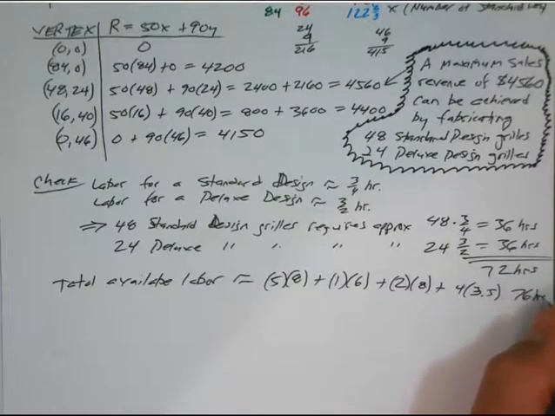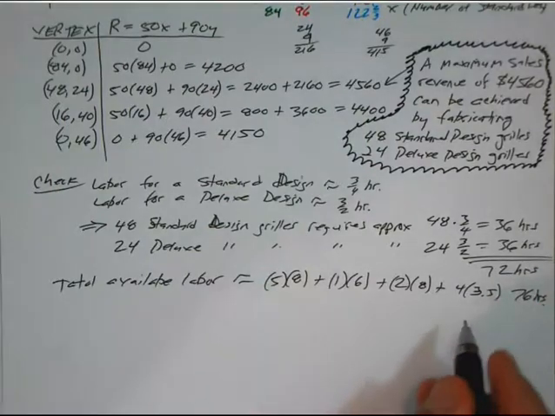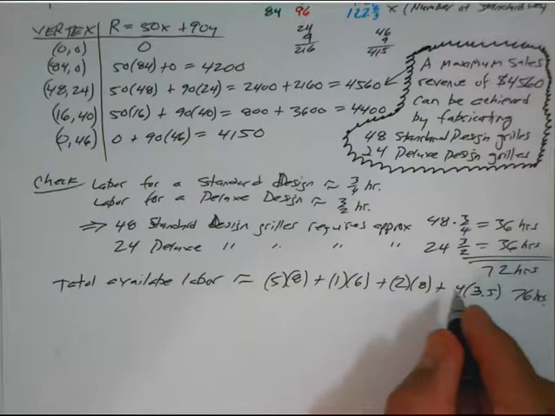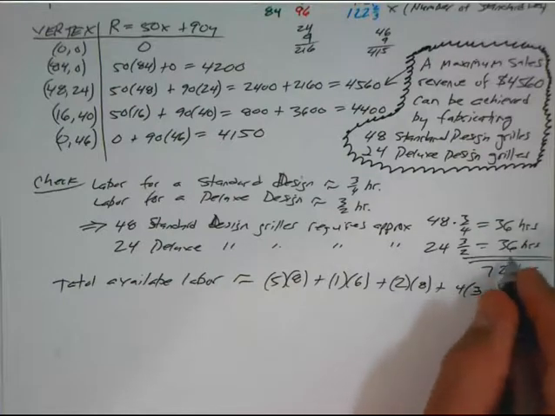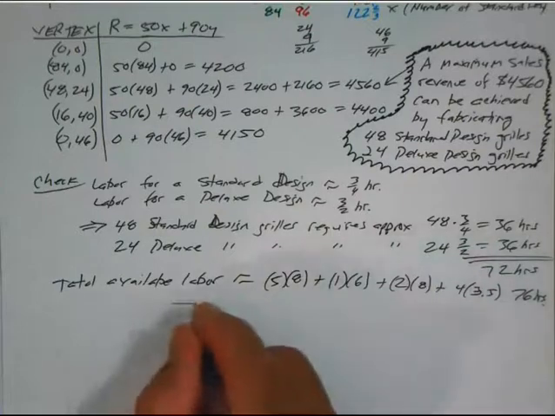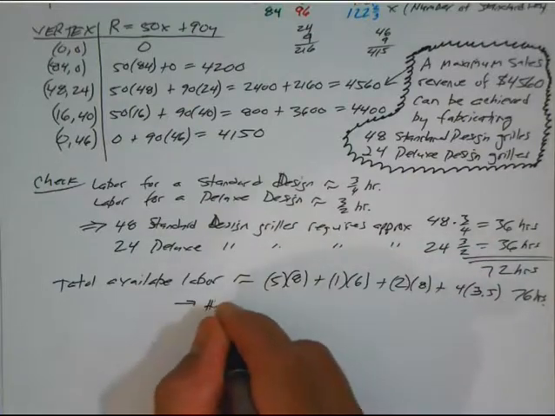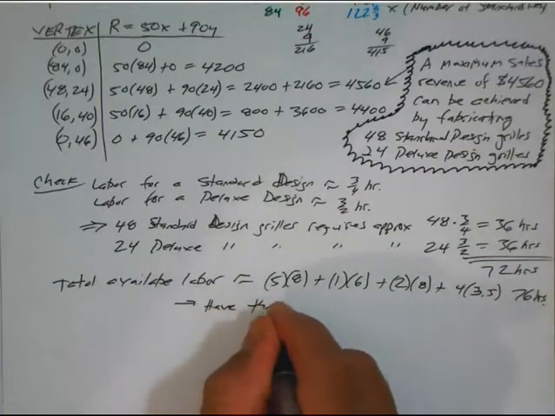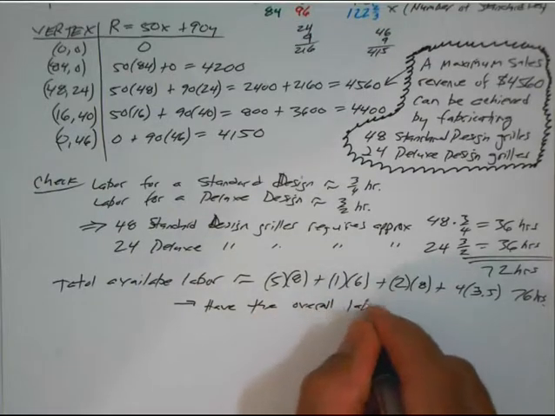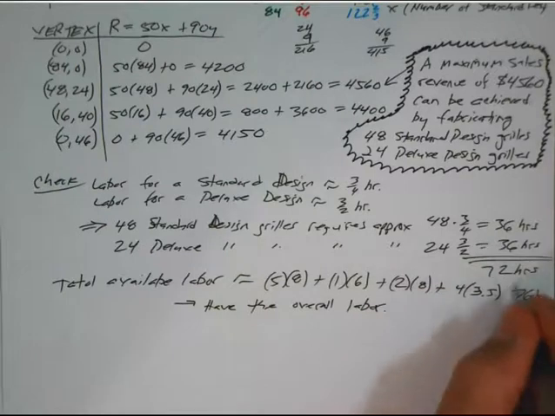So basically we've got enough time to do this in rough terms, just looking at the overall hours needed and the overall hours that we have. It's consistent, based on these two numbers here.